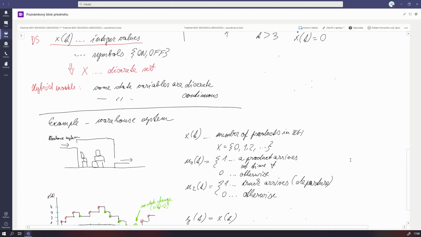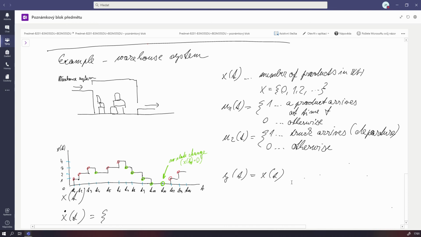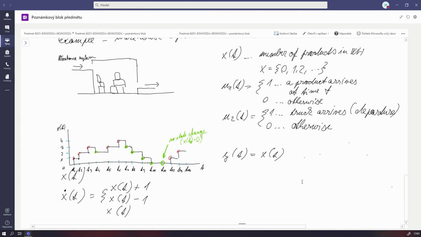And the system dynamics can be written in such a way that it is the previous value increased by 1 or decreased by 1. Otherwise, it will be the same.